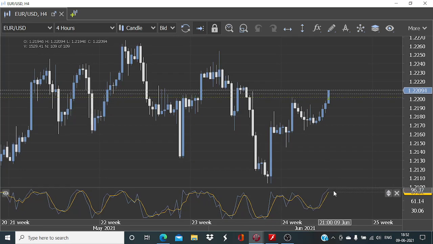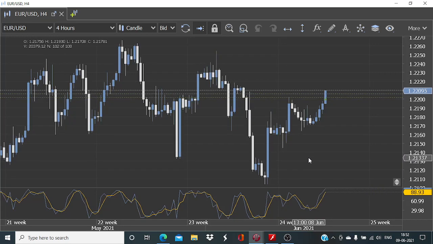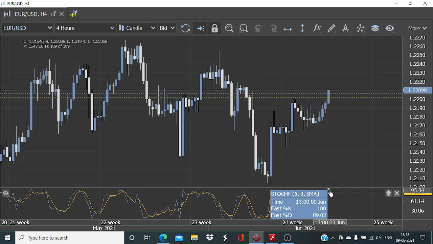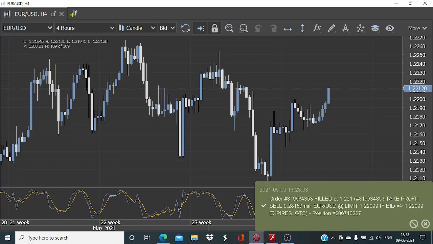Whenever we have this crossover in place while the value still remains above 80, that means that the underlying instrument has been in the overbought scenario, and the possibility of a trend change is emerging, and that's the time we want to initiate the trade.